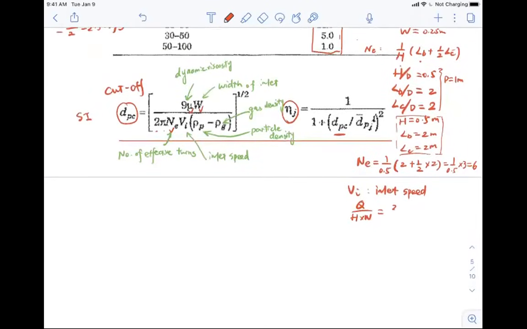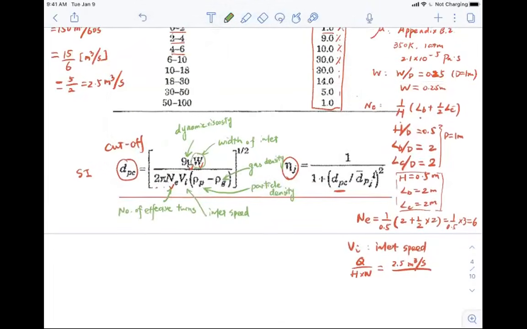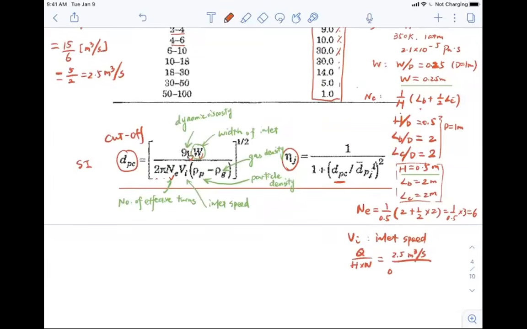So we can start to plug it in, 2.5 meter cubed per second. And then we need to find out what H and W are. We already looked into that, because we already found W, which is 0.25, and here we also have H, that's 0.5 meters. So that's going to be 0.25 meters multiplied by 0.5 meter.